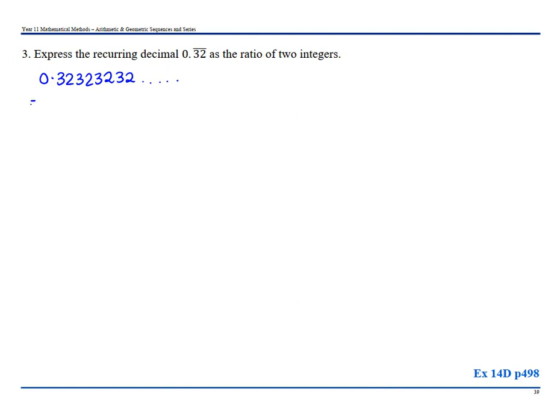So essentially that's 0.32 plus 0.0032 plus 0.000032, and then that would keep going. So to get from this term to this term, I'm timesing by 1 over 100. To get from this term to this term, I'm timesing by 1 over 100. So it's geometric.